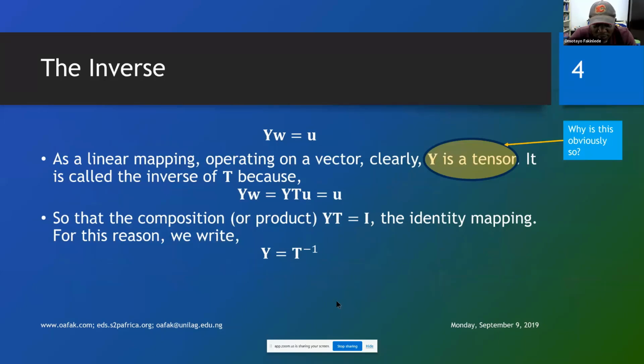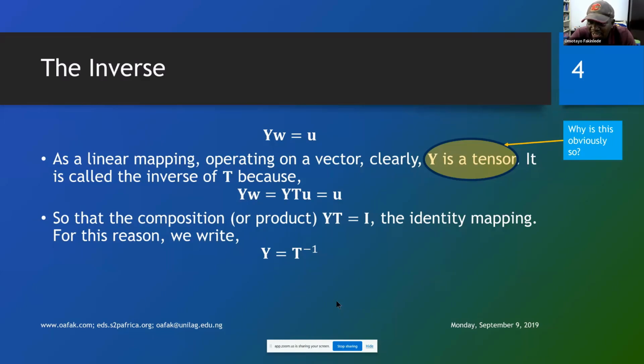Remember that W itself is equal to TU. But now, YW is equal to U. As a linear mapping operating on a vector, clearly Y is a tensor.